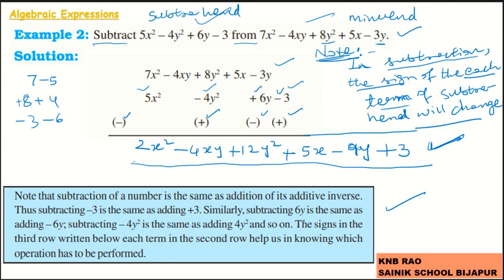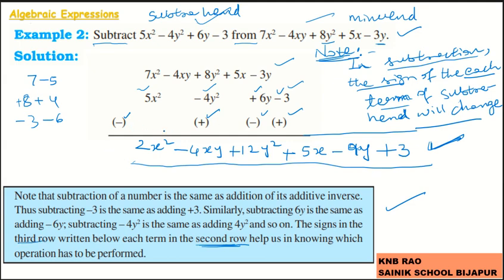Similarly, subtracting 6y is the same as adding minus 6y, and subtracting minus 4y square is the same as adding plus 4y square, and so on. Thus, the signs in the third row written below each term in the second row, the subtrahend, simple, and third row, this is what they are mentioning.